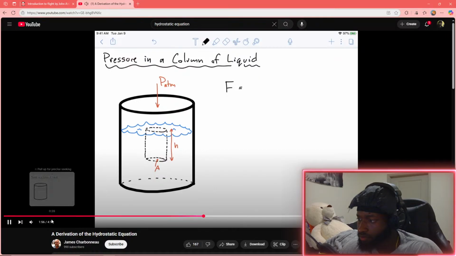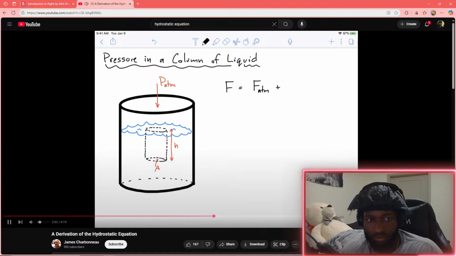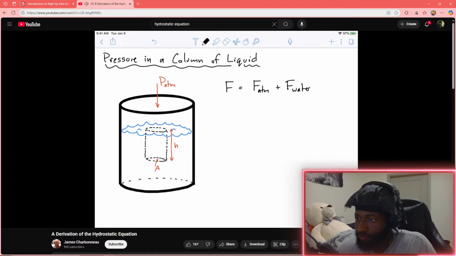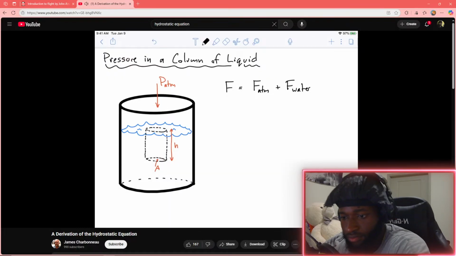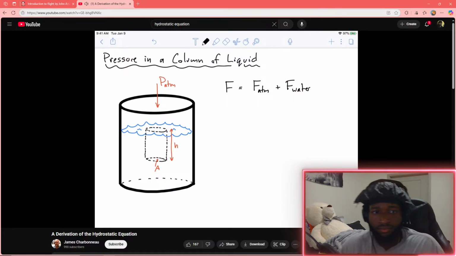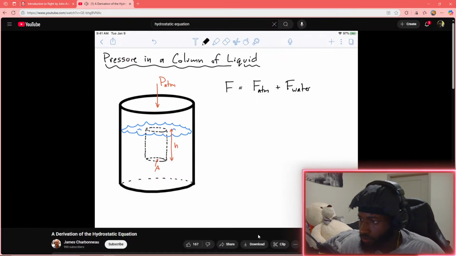The force due to the atmosphere pushing down on the top of that area, plus the force due to the weight of the water pushing down on that area, right? All the water above it pushing down. We know that force and pressure are related through the equation: pressure is defined as force divided by area. So I can write this all in terms of pressures.